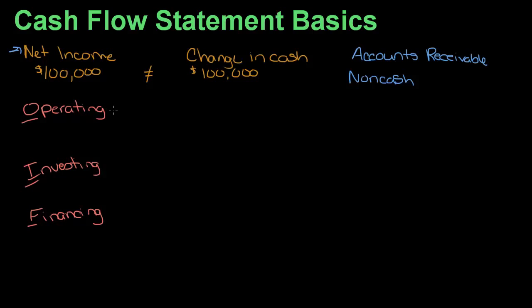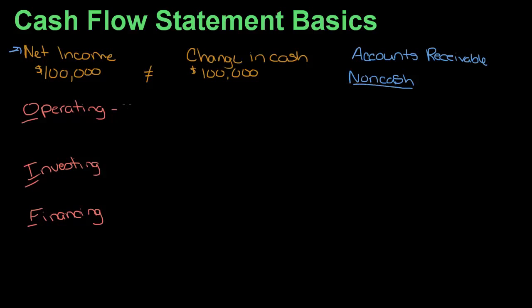So the operating section has things that affect operations. Okay, so the way that I like to think about this is I like to think that these are accounts that directly tie back to my income statement. So, for example, okay, we talked about non-cash items, right?